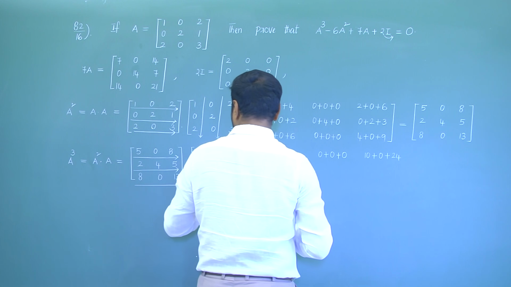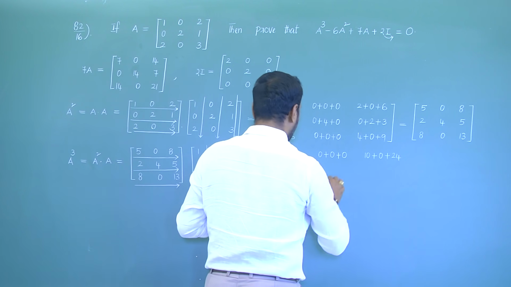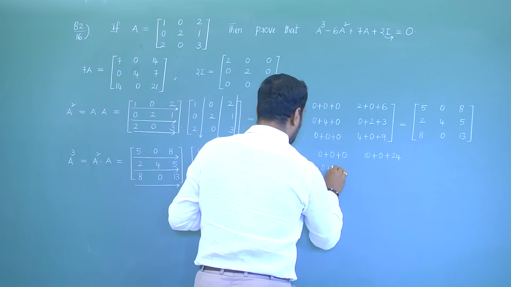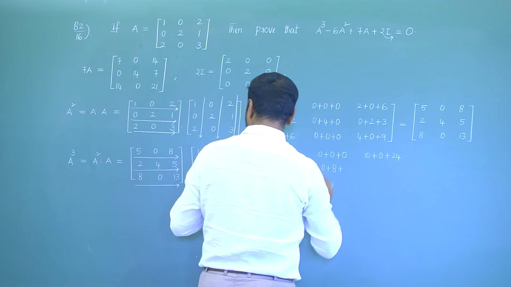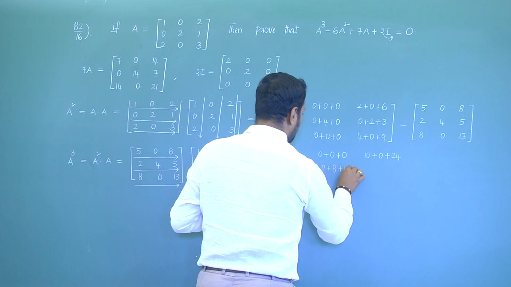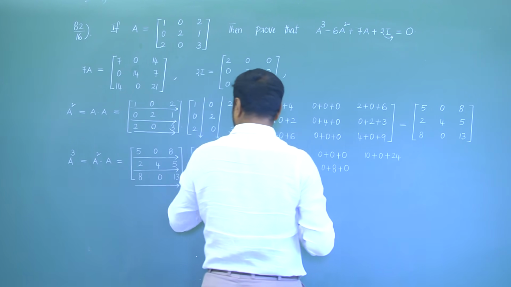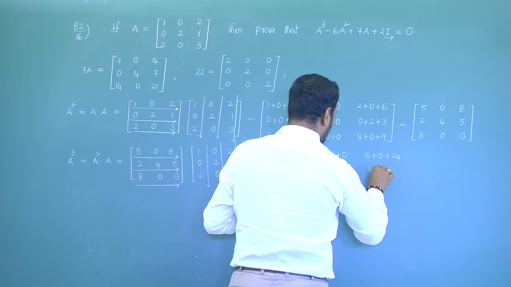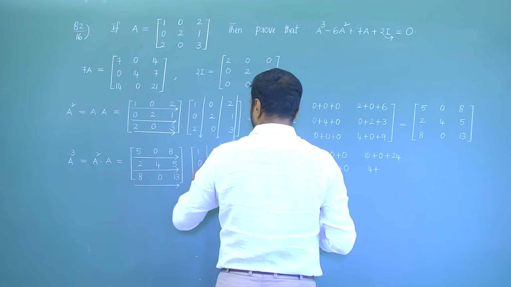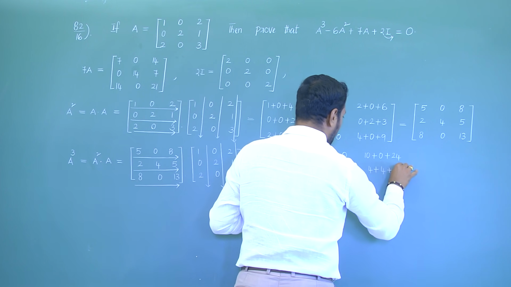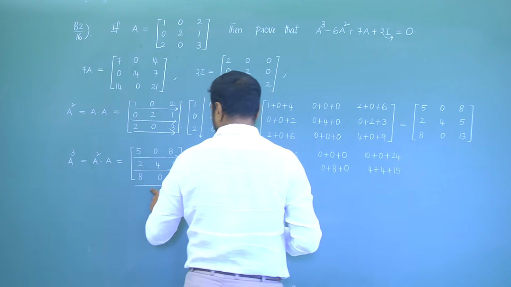Next, second row, second column: 2 into 0, 0, plus 4 into 2, 8, plus 5 into 0, 0. Second row, second column: 2 into 2, 4, plus 4 into 1, 4, plus 5 into 3, 15.